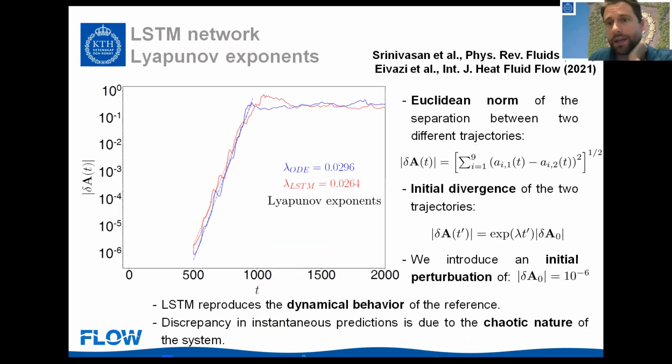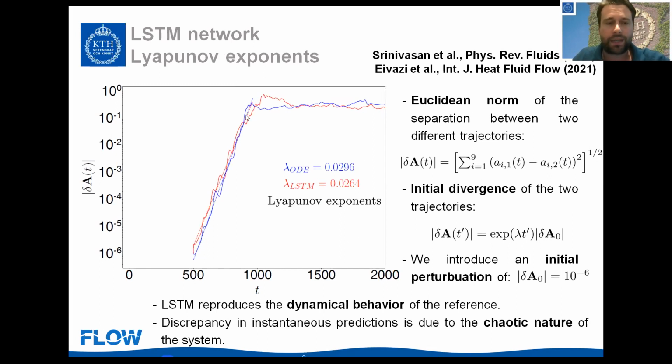And one more aspect for the dynamics is the so-called Lyapunov exponents. So we can perturb the current trajectory of the time series, and then we can define basically the Euclidean norm of the deviation, the separation between those two trajectories. And then by looking at the initial exponential growth of the separation between those trajectories, that exponent is what is called the Lyapunov exponent, or the leading Lyapunov exponent.